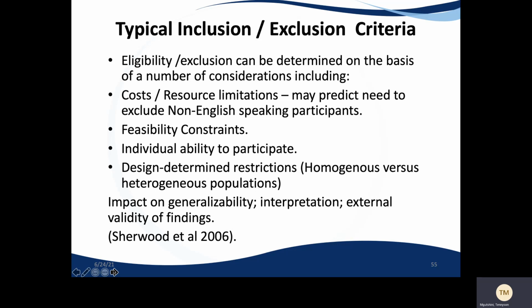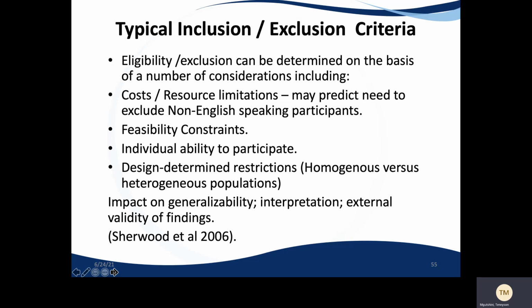Maybe people who may be too unwell to actually participate. So sometimes you may do a study that's looking at the risk of suicide among students, for example, and you might decide that you will only talk to students who are not actively suicidal right now, because you may prompt responses that are outside of your study to deal with, and that will then be an exclusion criteria, and so forth.